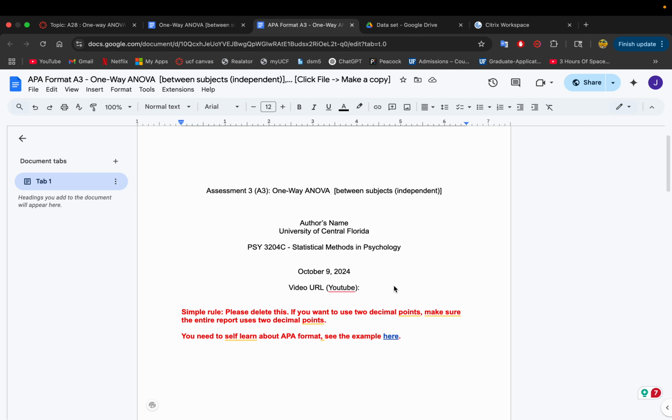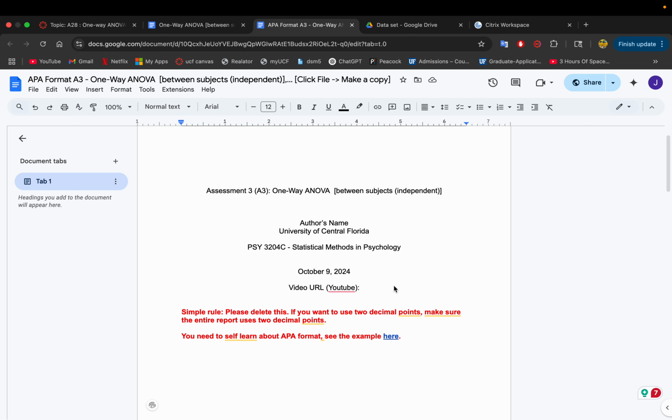Today we're going to be talking about a one-way ANOVA between subjects. But before we get into that, I'm just going to briefly explain what an ANOVA is. An ANOVA is an analysis of variance, and basically what that means is it's a fact check on if your data is significant or it actually means something, or if it doesn't mean anything at all and it's just kind of random chance.